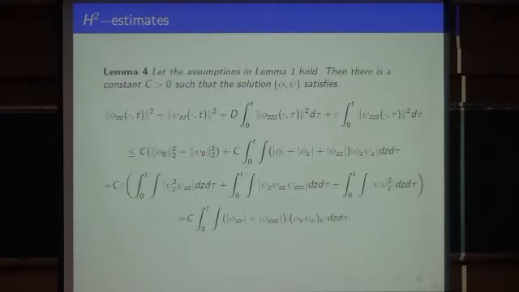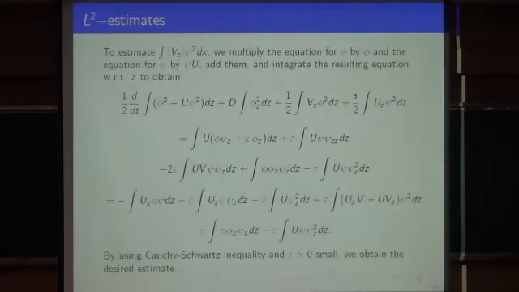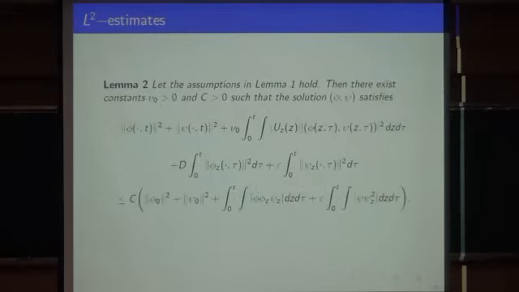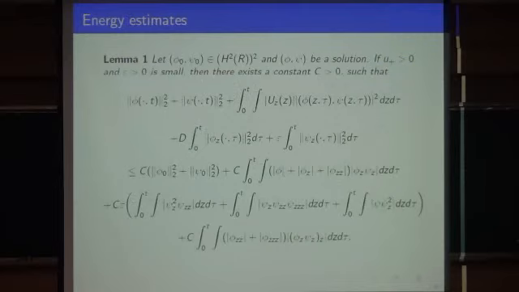And you can work all the way up to H2. And at the end, let's review one more time. It's this one. So at the end, you add this together, L2, H1, H2 together.